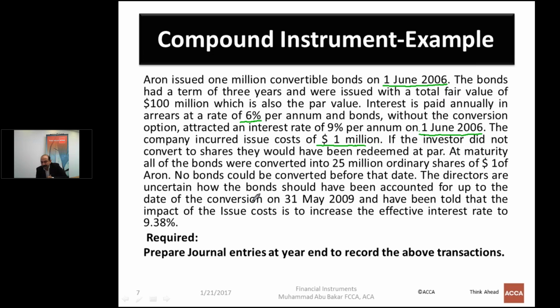Option 2 is 9 million interest per annum, capital repayment $100 million.